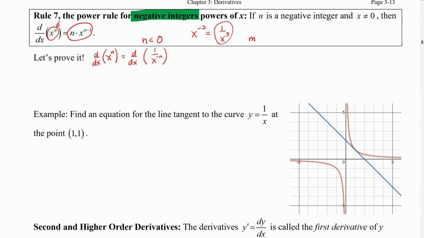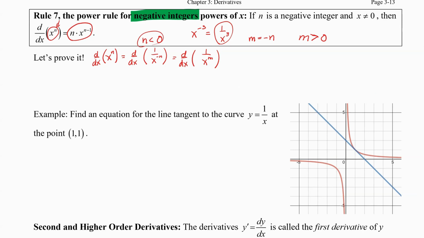Let's let m equal -n, just to make things easier. The derivative with respect to x of 1 over x to the m. Okay, and m, by the way, must be positive. Right? n was negative. Negative n must be positive, therefore m must be positive.